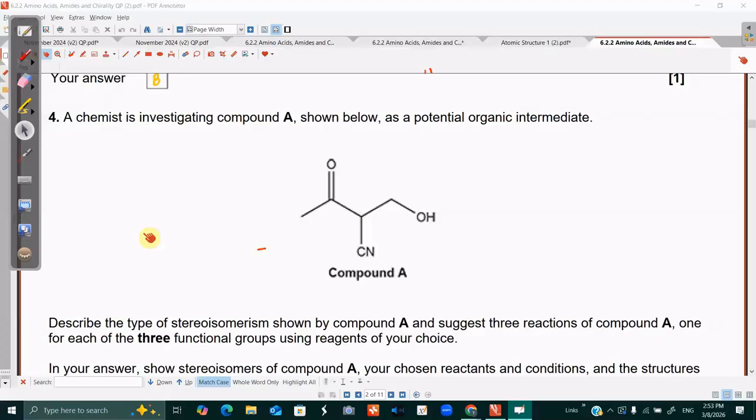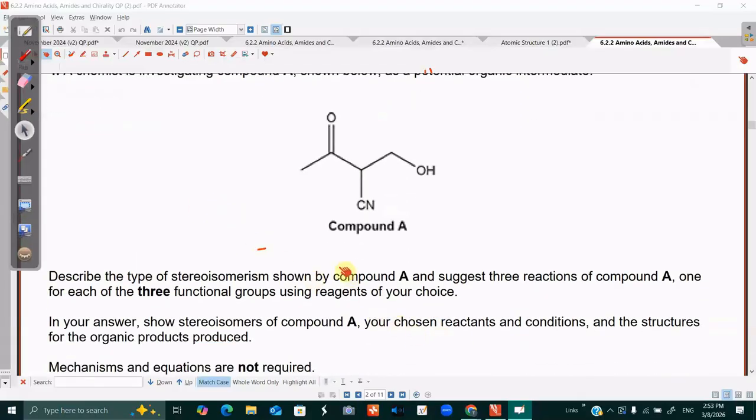And you must draw the optical isomers, right? They are asking about it. You must draw the two optical isomers. Show the stereoisomers of compound A, right? That is also expected.